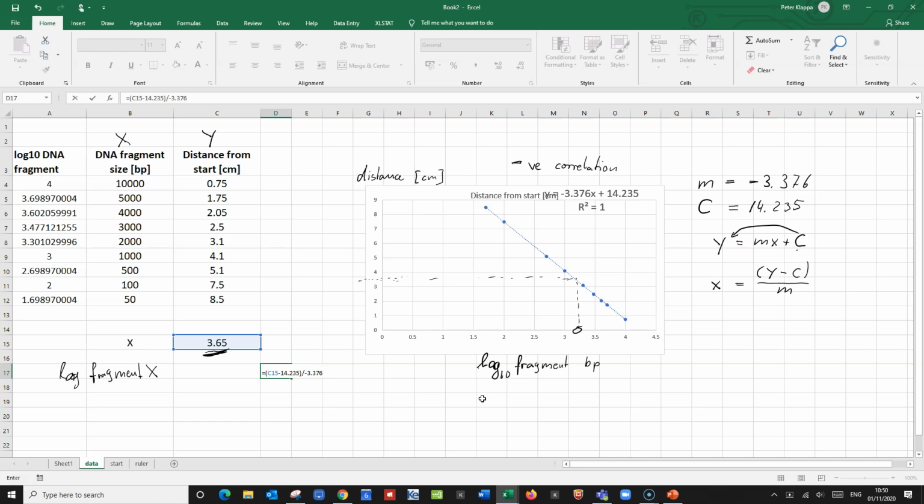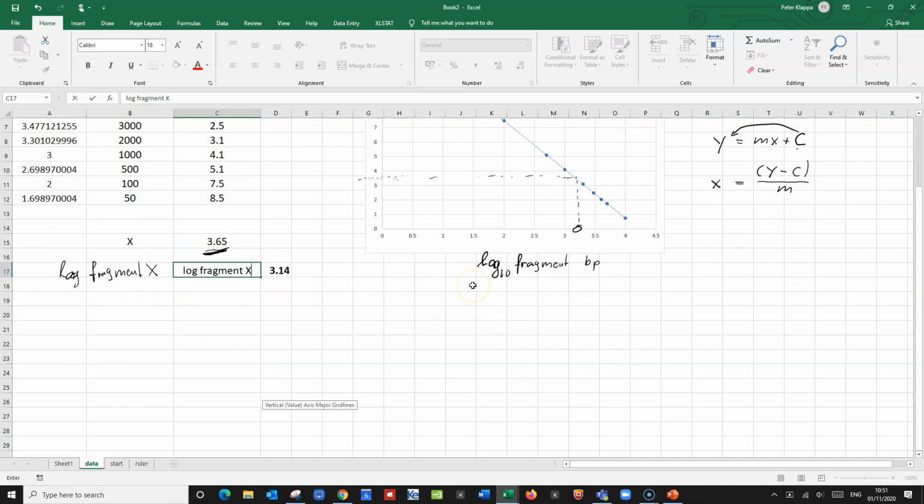So that's our gradient, and we would get, let me make this large now, for our log fragment, and it's important to realize this is the log fragment x, we would get 3.14. So that's what we would get here.